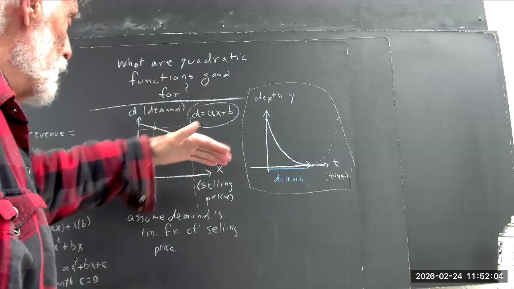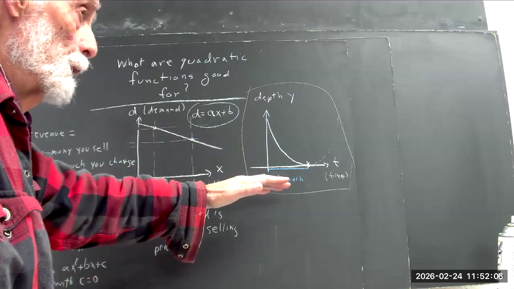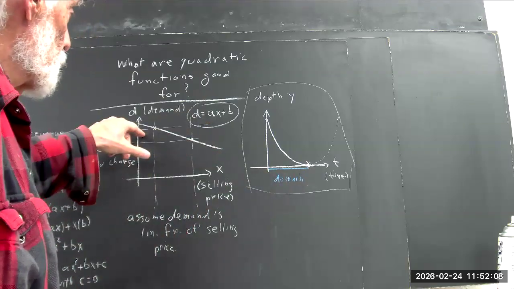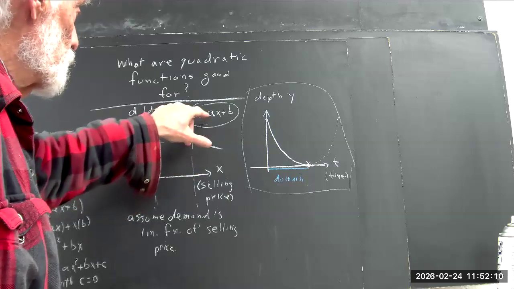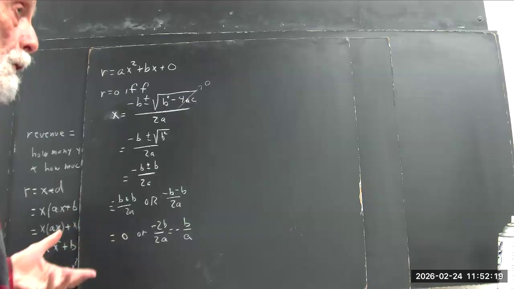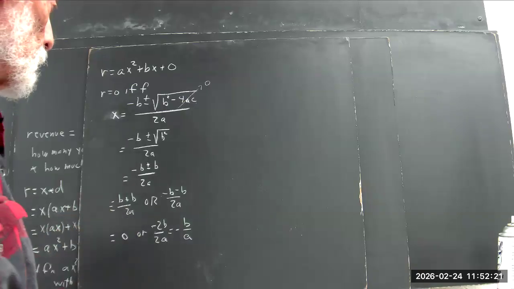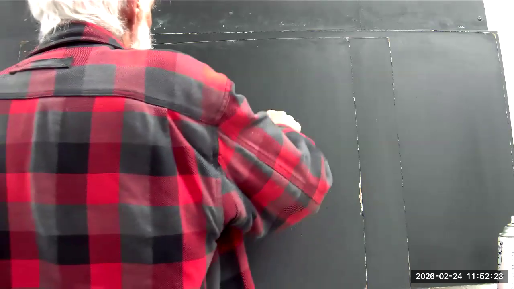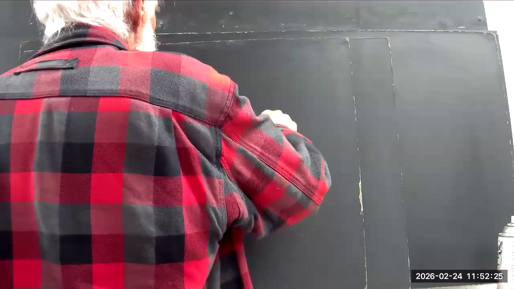It goes down as the selling price goes up, and it's clear just from the graph that the slope is negative. So A is going to be a negative number. So even though negative b over a looks like it should be a negative number, it's a positive number. Well, this is starting to tell us things about the graph.